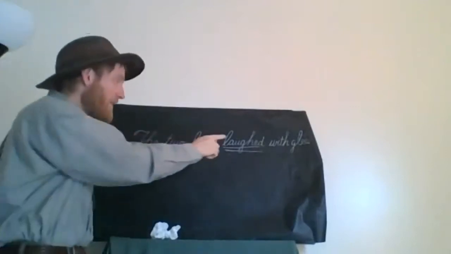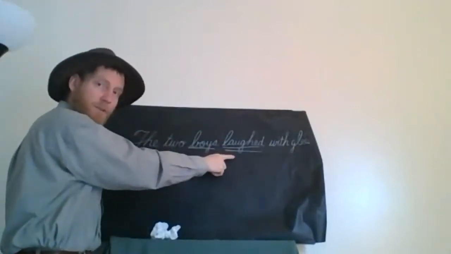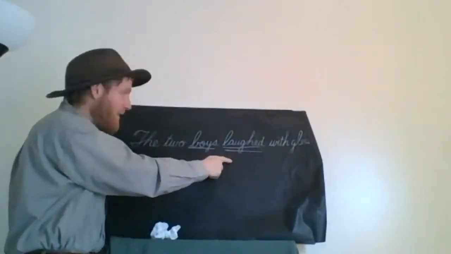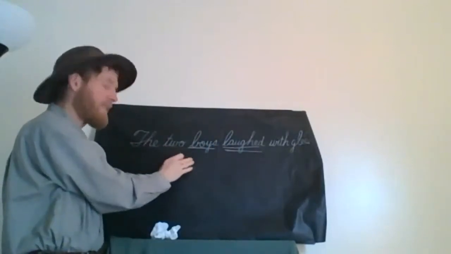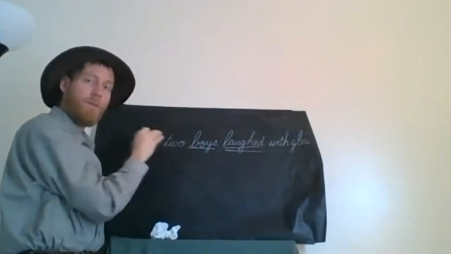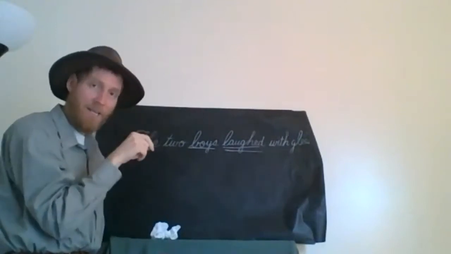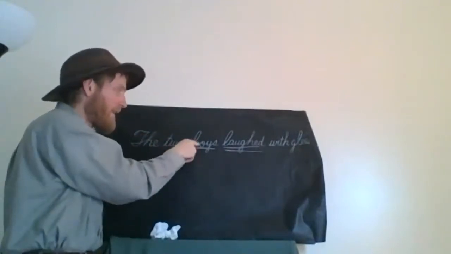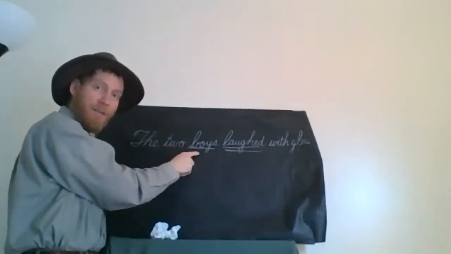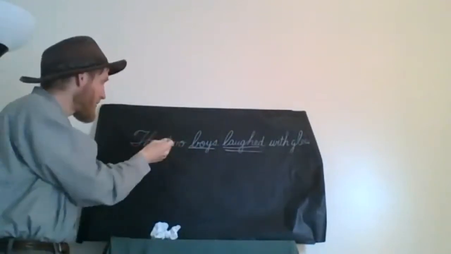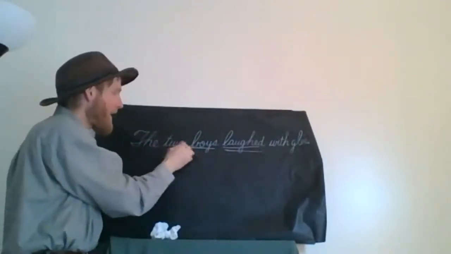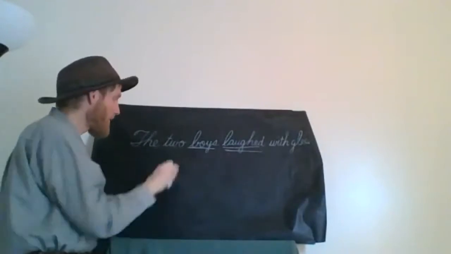Once you find the predicate or verb, ask who or what, but always find the predicate part first. Who or what laughed? The two boys laughed. Who did? Boys. That's the simple subject. Sometimes I've had students that want to underline all of that, but I don't want the complete.